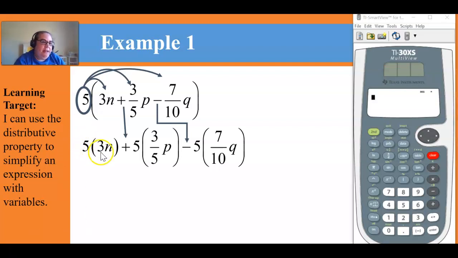So to multiply the 5 times the 3n, that's just going to be 15n. I'm going to take that plus sign and just carry it down. I'm going to multiply the 5 times the 3/5.